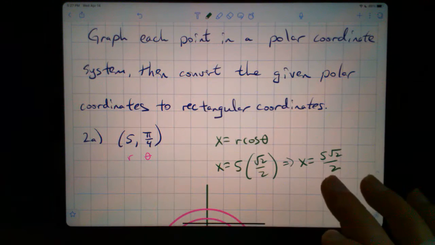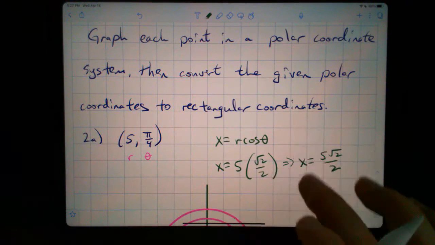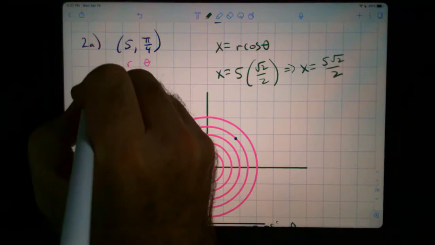So convert the given polar coordinates to rectangular coordinates.